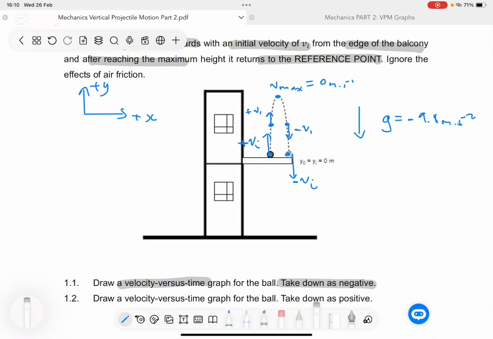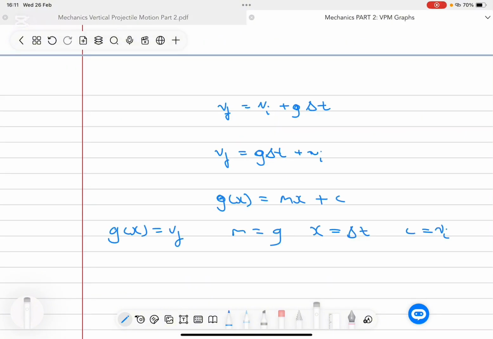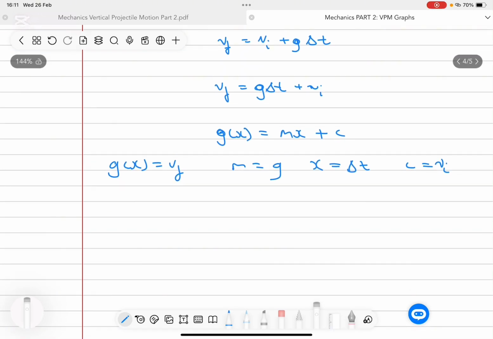Now, let us translate all this information into a graph and sketch the velocity versus time graph. Well, the first thing that we have to notice is that the y-intercept here is given by positive VI. This initial velocity here is the y-intercept. Remember that we are using the equation that we just did here at the top.